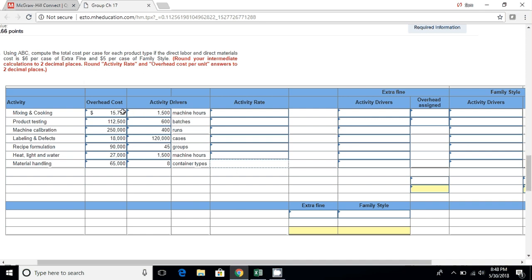So if we take 15,750 divided by 1,500, we get an activity rate of 10.50. If I take 112,500 divided by 600 batches, I get 187.50.